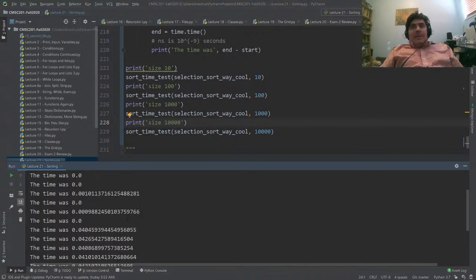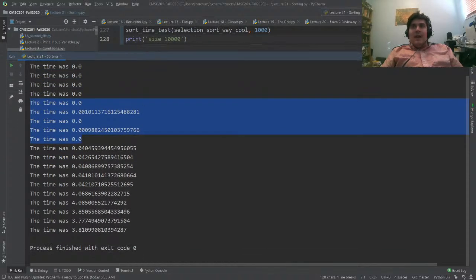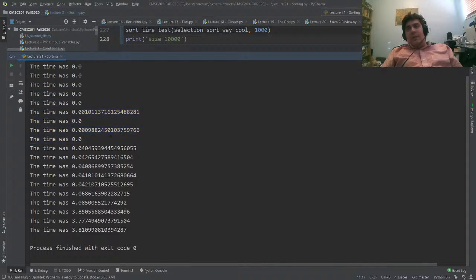So, okay. And here's where you start to see a little bit more interesting stuff. I changed it from process time to just time to get us slightly better estimates, at least in these really weird times. So remember that selection sort is also an O of n squared algorithm.